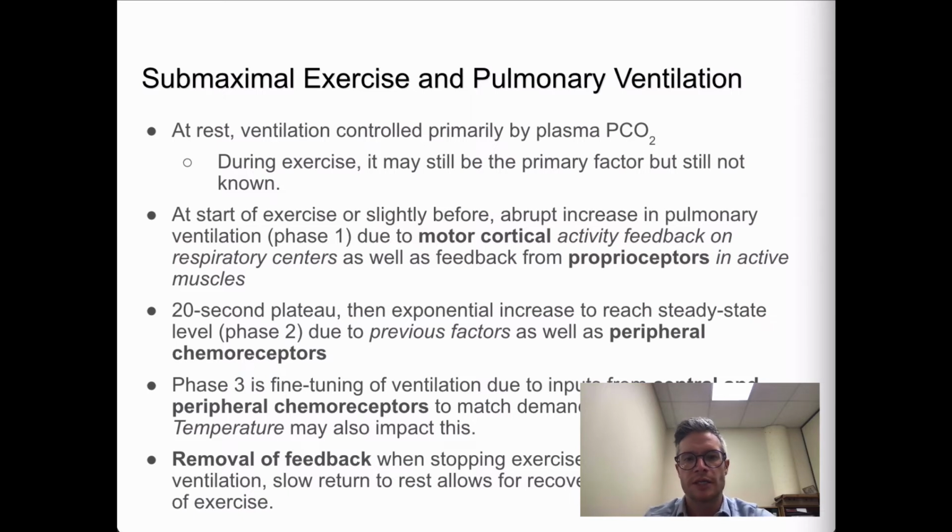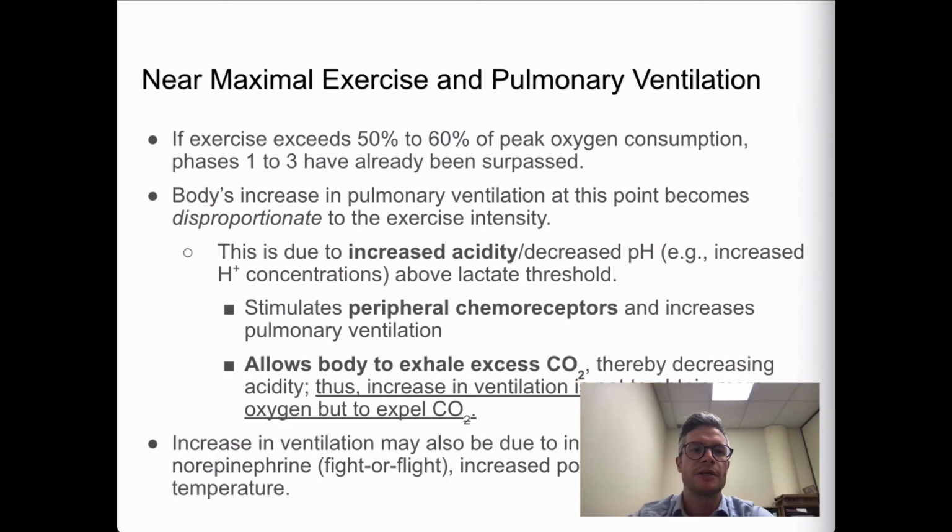So that's great if we do sub-maximal efforts, but something different occurs when we're at near maximal exercise. If we get above 50 to 60% of our peak oxygen consumption, VO2 max, which is pretty common, we'll have passed phase 1 to 3.